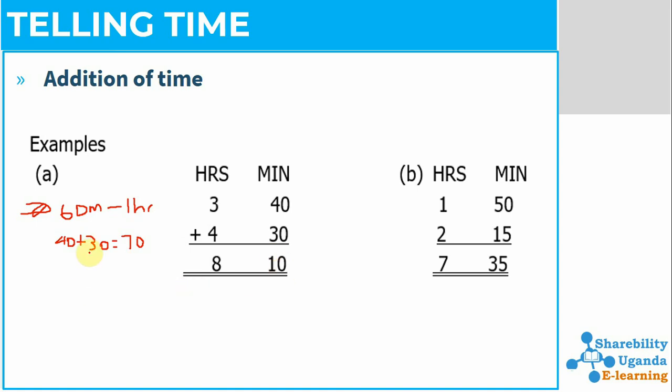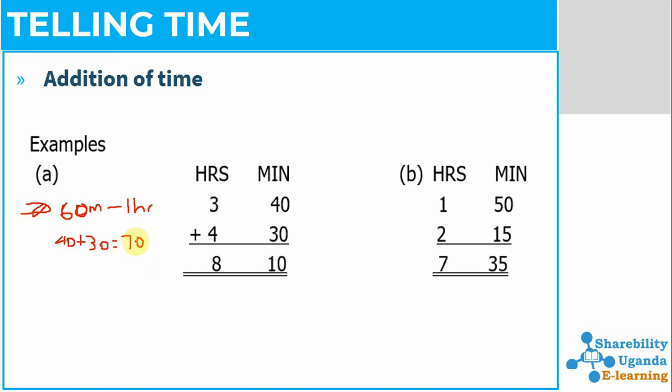Okay, so basing on our concept that 60 minutes is equal to 1 hour, that means when we add our minutes and we find that these minutes are more than the 60 which is equal to 1 hour, what we do, here we have our 60 minutes which is equal to 1 hour, but here we have our 70 minutes.